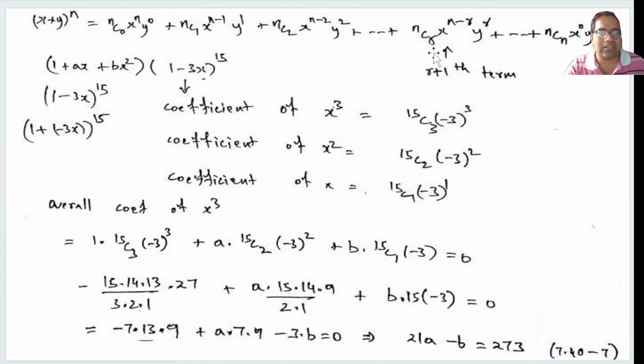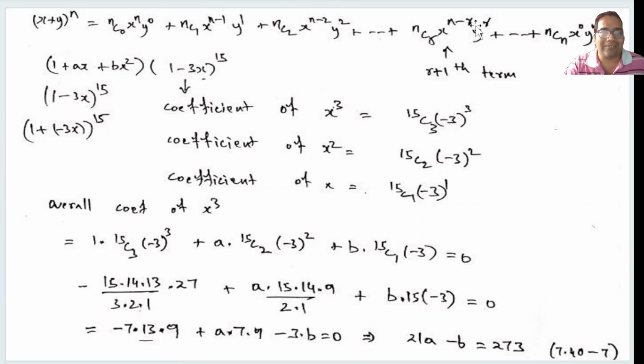If r is 1, then r plus 1 is 2, so this will be the second term. So r equal to 1 is the second term, r equal to 2 is the third term. Similarly, r gives the (r plus 1)th term. In the (r plus 1)th term, y will be raised to the power r.